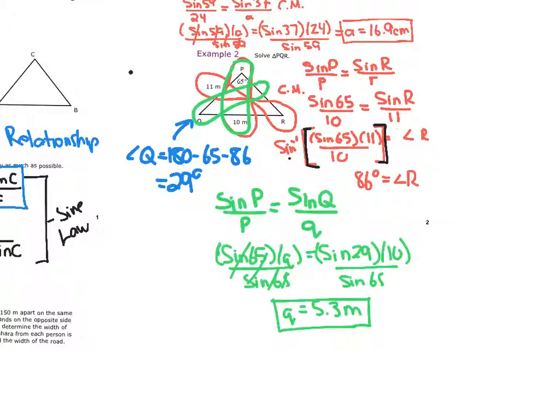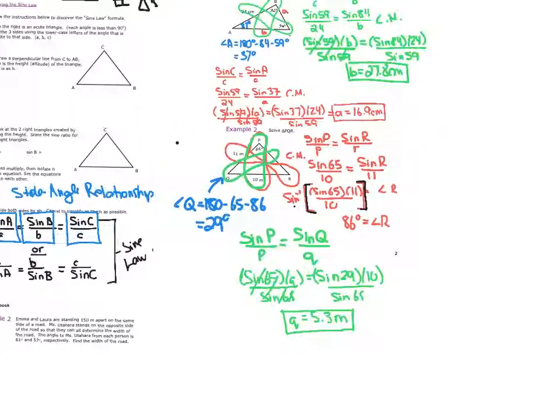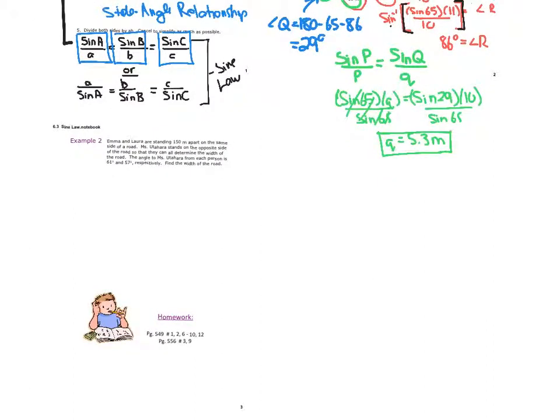If you'd like to try the next word problem, you guys are more than welcome to. So you can try this one. I'll take it up in class on Tuesday, or actually Wednesday, when we're back from Wonderland.